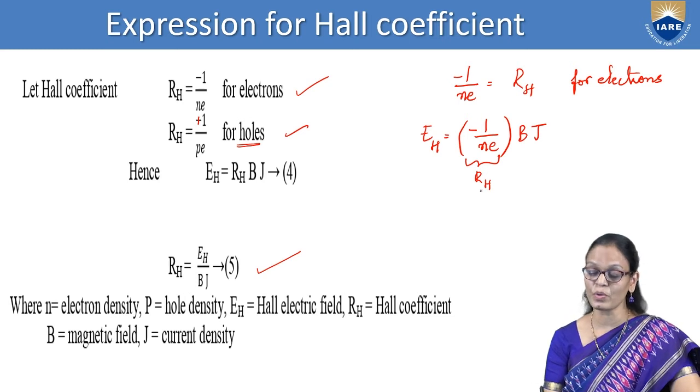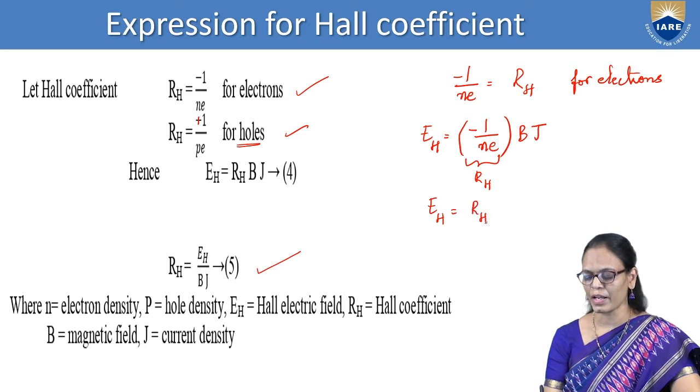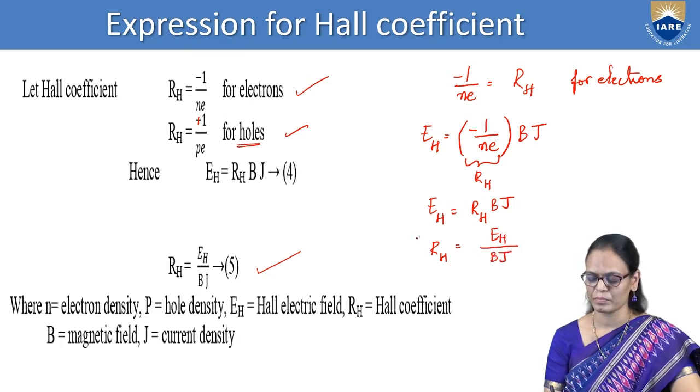If we substitute RH, what is the equation we get? EH is equal to RH into BJ. If we want to write the formula for RH, RH will be equal to EH upon BJ. So this is the formula we get here.